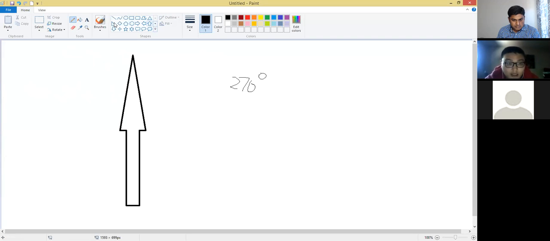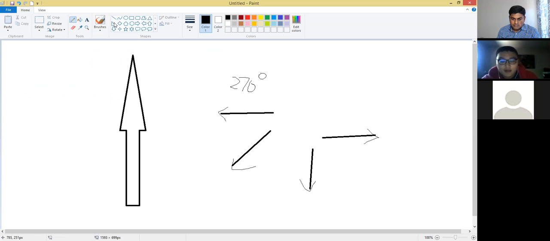Your arrow should face to here, or face to here, or face to here, or going down. So you have 4 choices. Which one should be your answer?